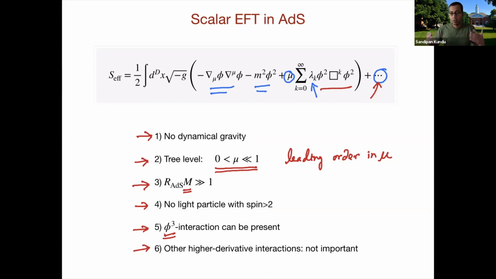Because of that, whatever statement I make about phi square box K phi square is independent of all those other orthogonal interactions, which are in some sense subleading. Another way of saying that they are subleading is this: if you take the forward limit, this is the interaction that will give you a non-vanishing amplitude in the forward limit.